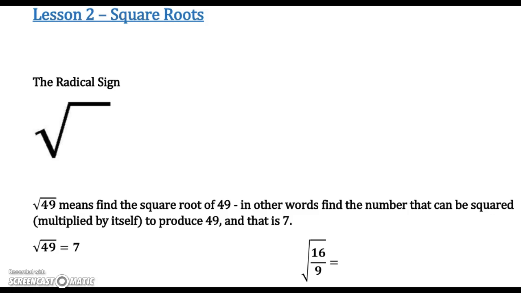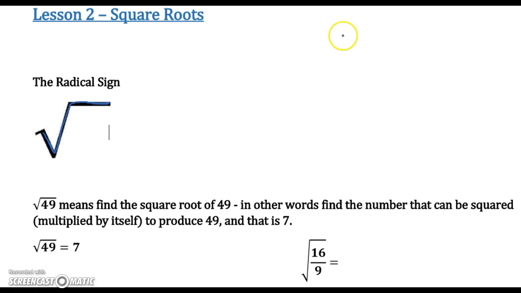Today we're going to be talking about square roots, and we're going to start off with this radical sign that you might have seen before that looks like a division sign. The best way to think about this operation is that it does the opposite of what squaring does.